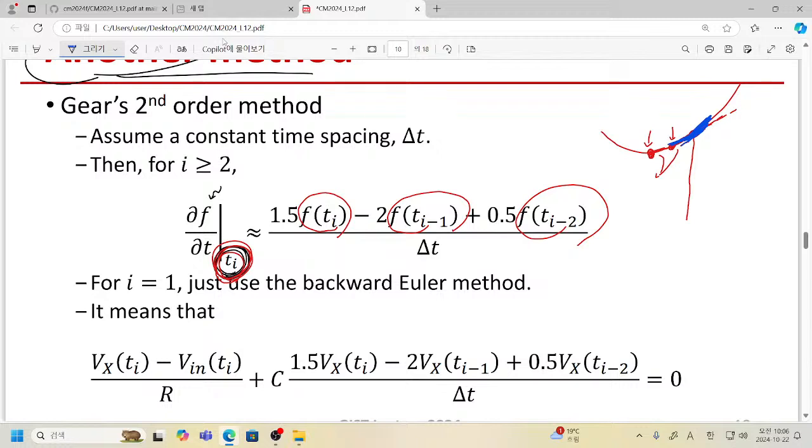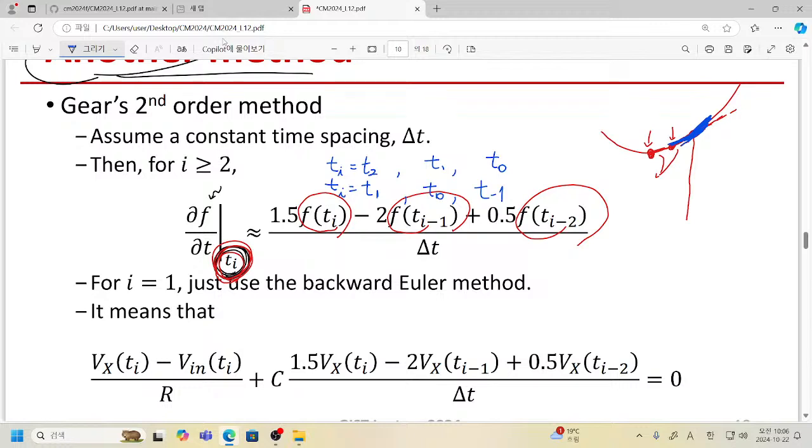If t_i equals t2, then we can think about t2, t1, t0. Yes, they are all available. However, at the initial point t_i equals t1, then we are asked for t1, t0 and t minus 1.